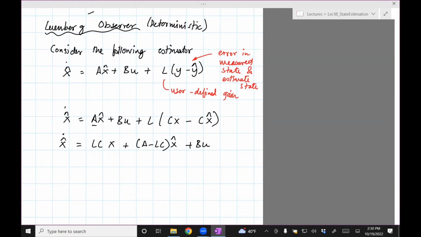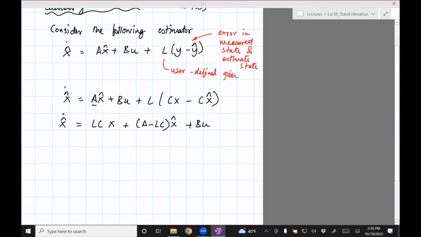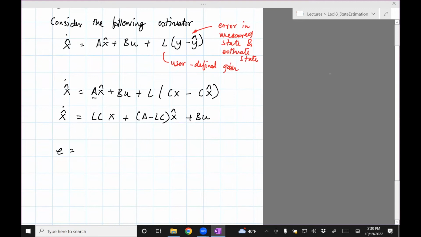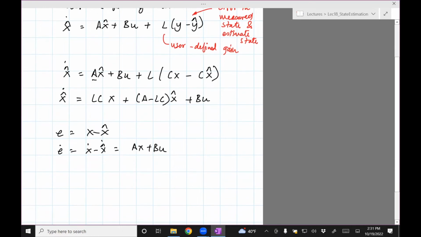Now, when you see it, it does not look anything like our original system, which was X dot equals A X plus B U. Let's see what happens by looking at the error. So error is X minus X hat like before. Error dot is X dot minus X hat dot. So I just need to plug in these values. X dot is A X plus B U. That's the true system behavior.